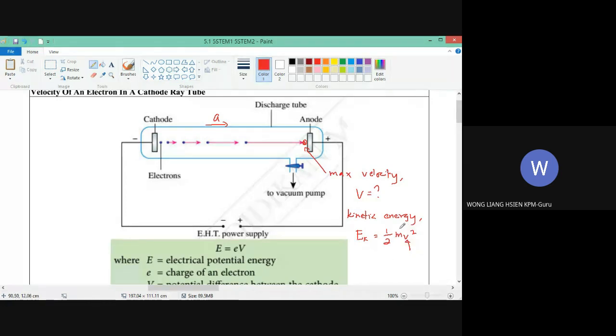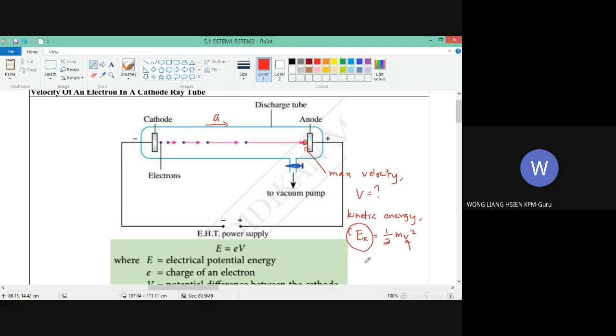That means if we know the mass of the electron and the kinetic energy that the electron gained, then we can calculate the velocity, or the maximum velocity, of the electron. So now the problem is how much the kinetic energy of the electron is after it accelerates.